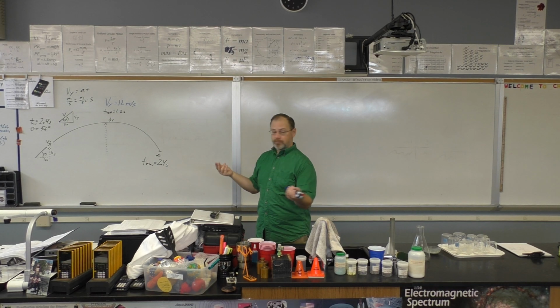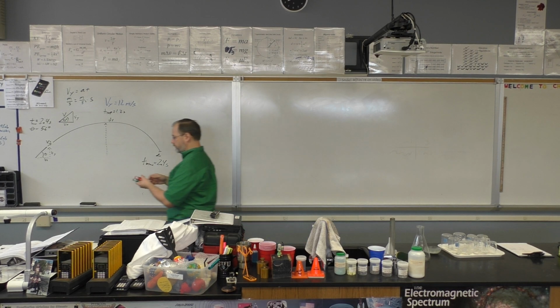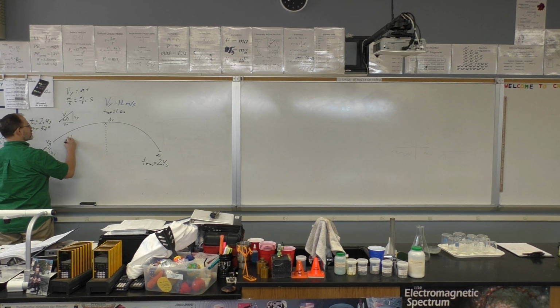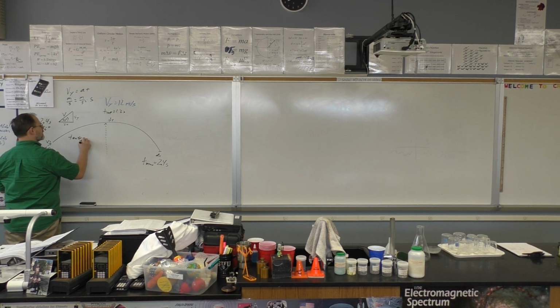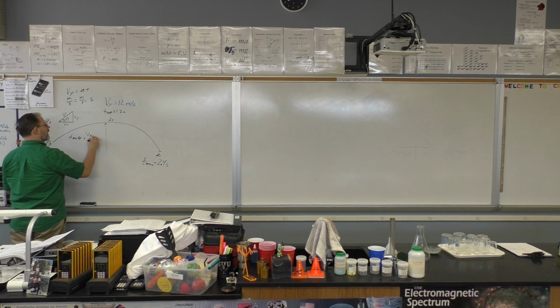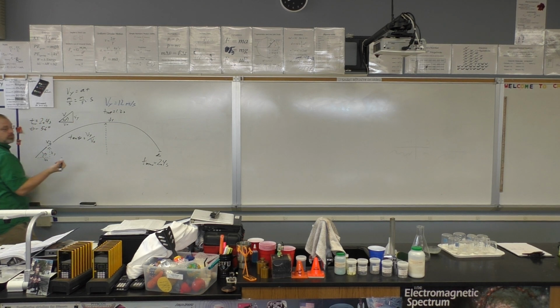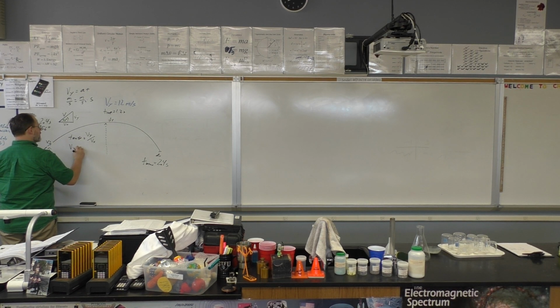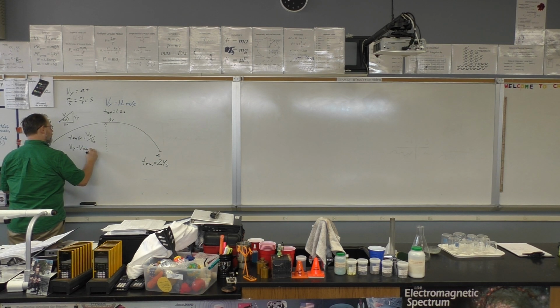V of x? Okay, so solve for Vx. Vy was 12, right? The relationship here would be the tangent of theta. Tangent is opposite over adjacent, which would be Vy over Vx. Make sense? You can also realize that Vy equals V sine theta.